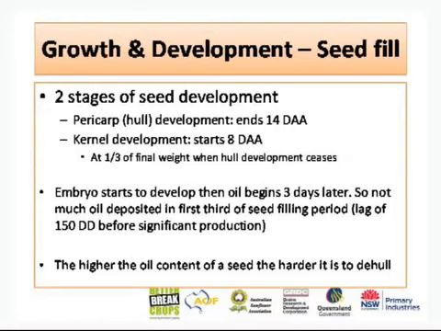In terms of some of the characteristics of that kernel, the higher the oil content of a seed, generally speaking, the harder it is to dehull. So the actual kernel itself tends to stick more to the outside hull. And that's important for the confectionery guys because they want basically a seed that's easy to split the kernel from the outside hull.